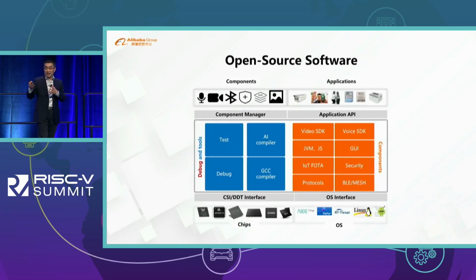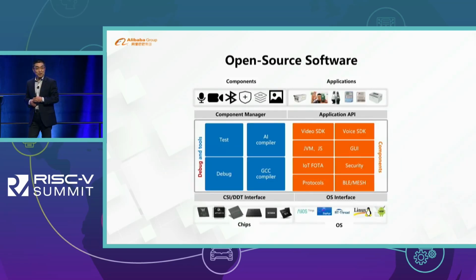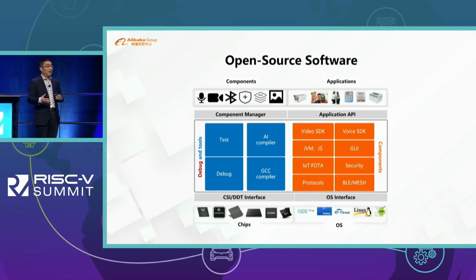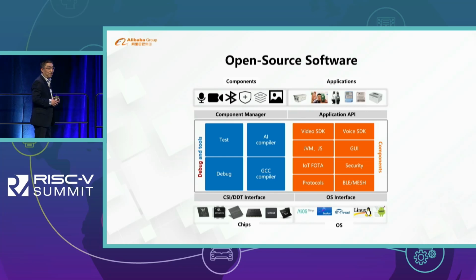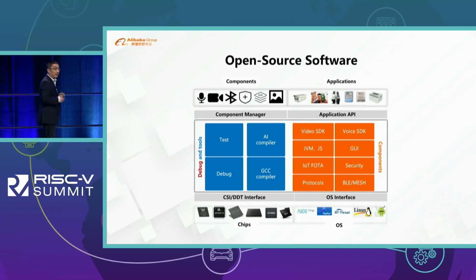If you work in the CPU world, you must know that designing a CPU is not just the hardware side. Software is very important as well. This picture shows, on the blue side, lots of tools and debug capabilities, like compilers. It's a software stack which helps you to design CPUs.